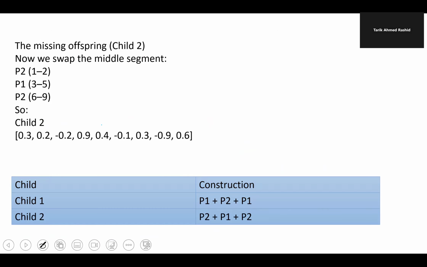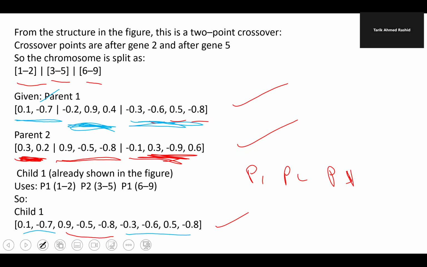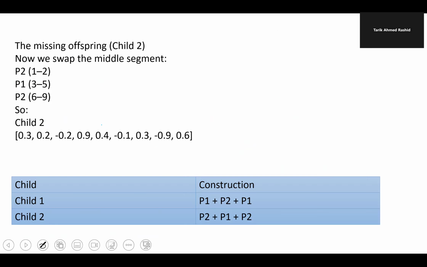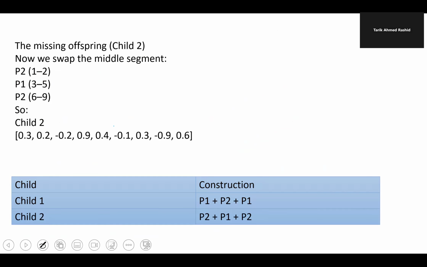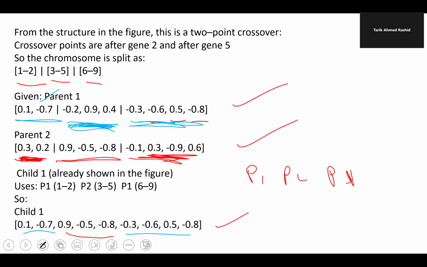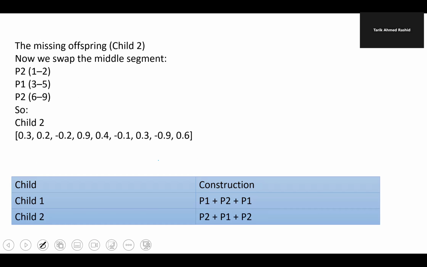So 0.3, 0.2 was taken from parent 2, and minus 0.2, minus 0.2, 0.9, 0.4 was taken from here, from parent 1, and minus 0.1, 0.3, minus 0.9, 0.6 was taken from parent 2, from here. So that's child construction. That's how we did it for the first one, and that's how we did it for the second one.